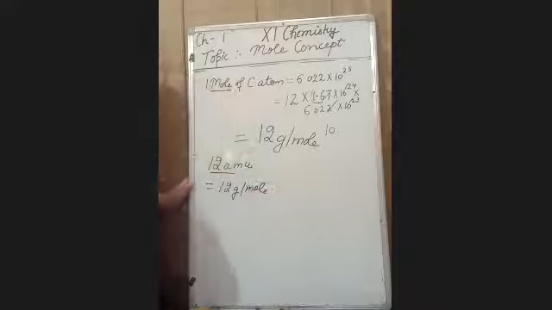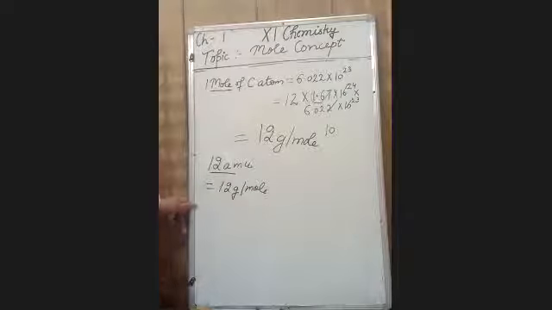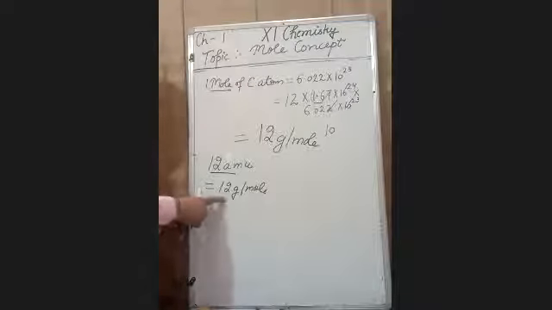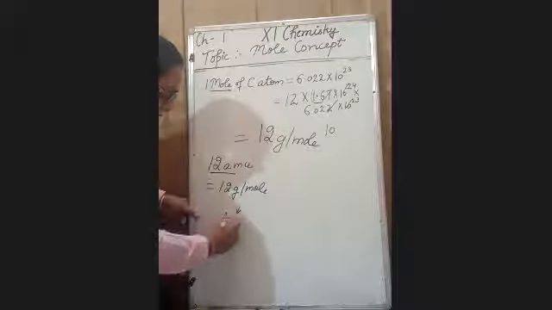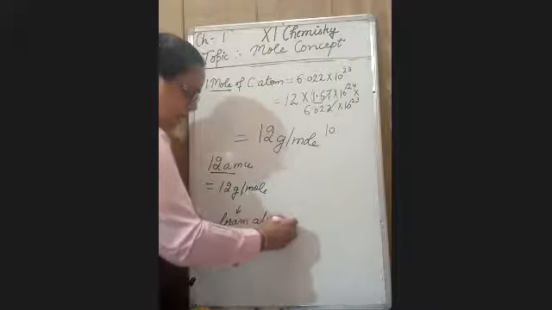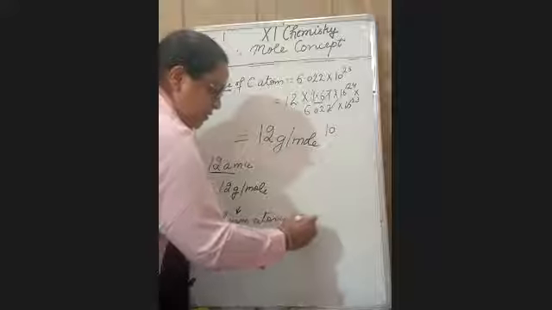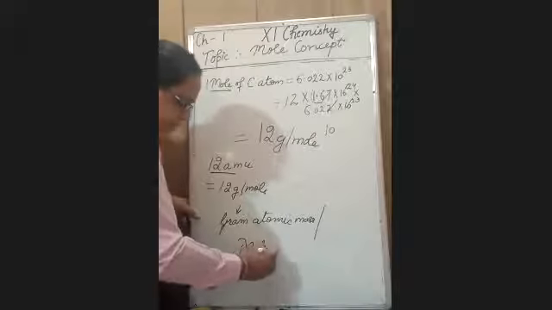This is for 1 mole of carbon atoms. This is 12 gram per mole, also known as gram atomic mass or molar mass.